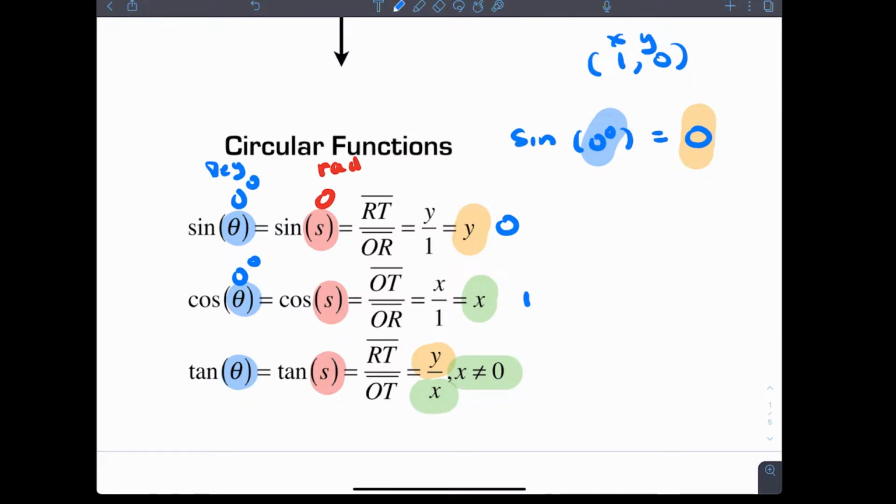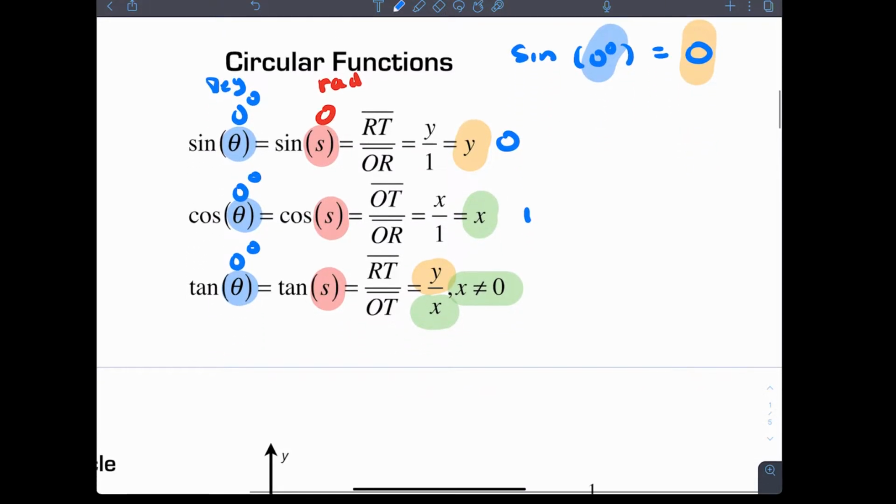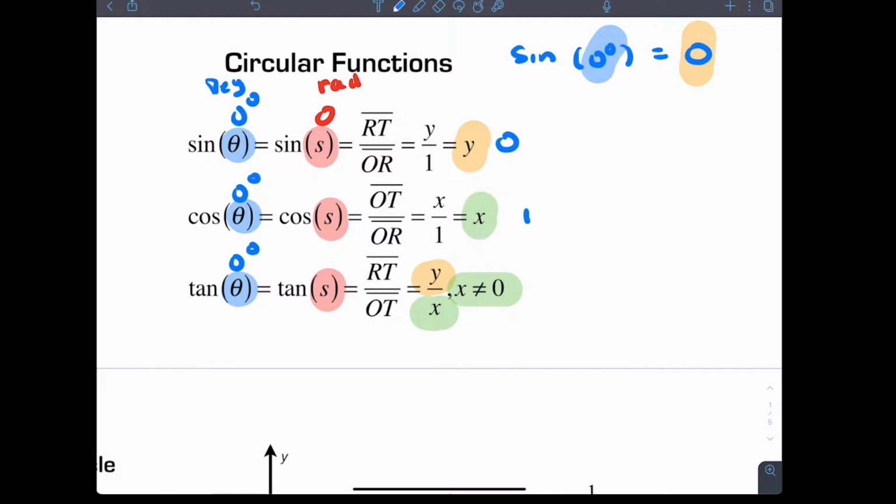Now, what's tangent? Tangent of 0 degrees. What's the Y value? 0. What's the X value? 1. Do you guys know some arithmetic? What's 0 divided by 1? 0.